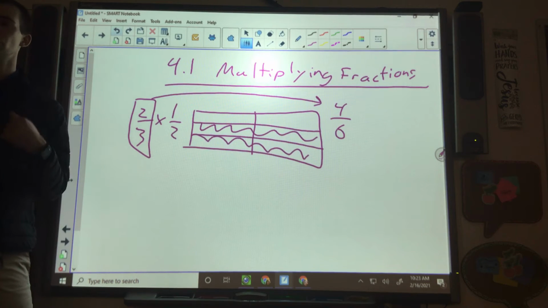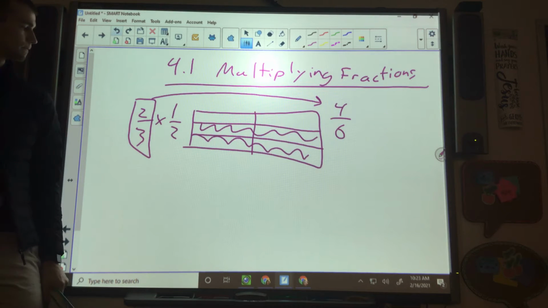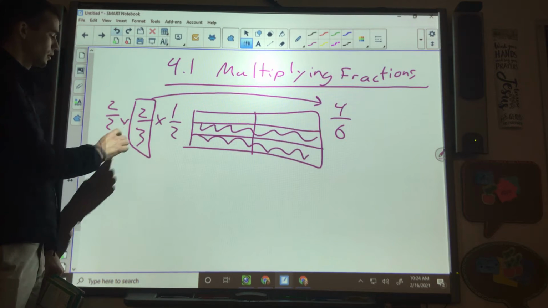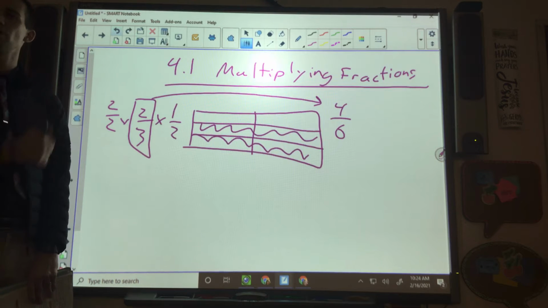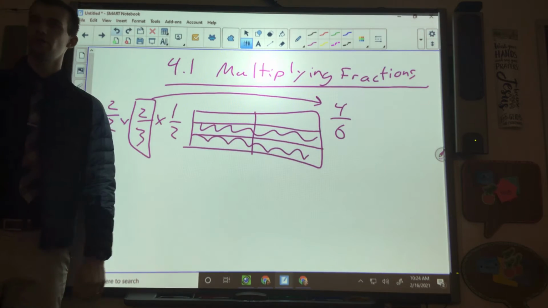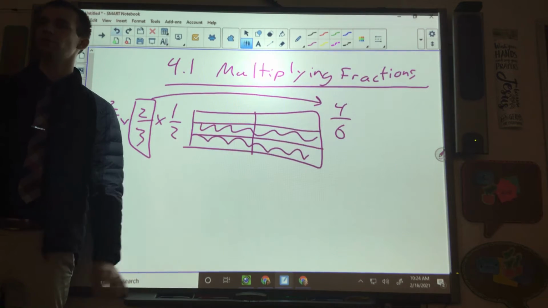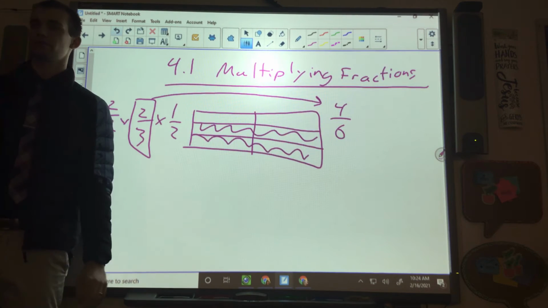If you multiply 2 by 2, it's 4, and 3 by 2 is 6. So if you multiply 2/3 by 2 over 2 to get 4 over 6, what do we know about 2/3 and 4/6?